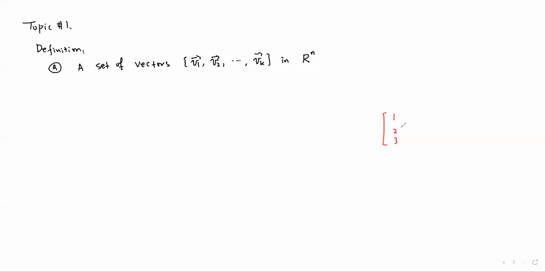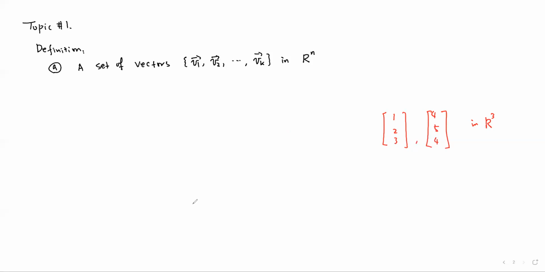are 2 vectors in R3. So now suppose that we have k vectors in Rn.